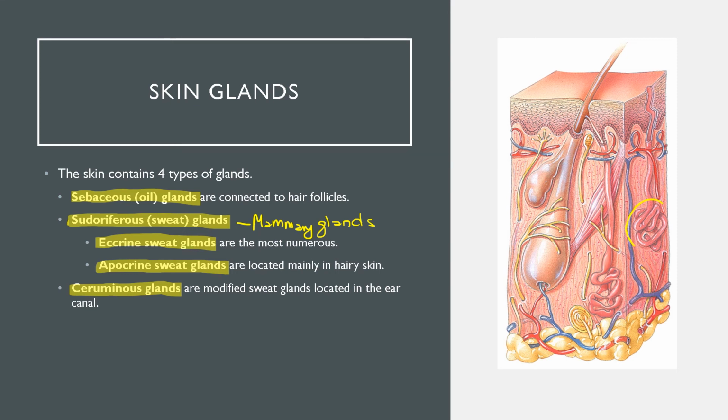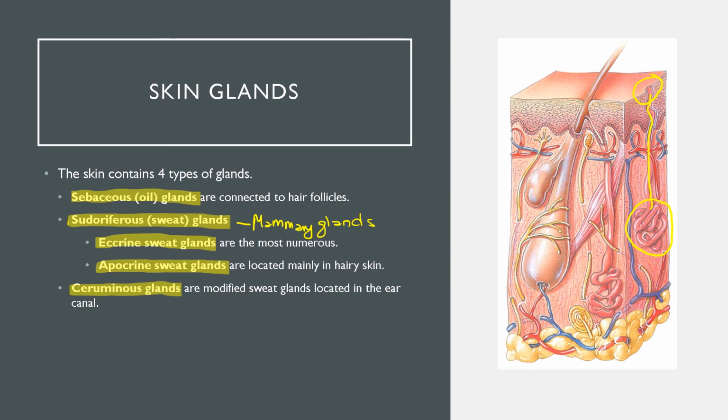Here we have an eccrine sweat gland right here. You can see the secretory portion is located mainly in the deep dermis. You have an excretory duct that travels through the dermis, through the epidermis, and then ends at a pore on the surface of the skin. Now, sweat glands produce a secretion that consists mainly of water, but also contains small amounts of ions, urea, ammonia, glucose, and lactic acid.